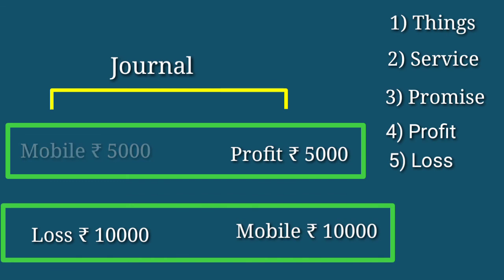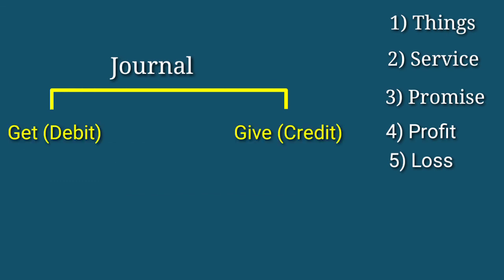In conclusion, if you get anything, you should debit, and if you give anything, you should credit. That means if you get things, you debit. If you get service, you debit. If you get a promise, you debit.